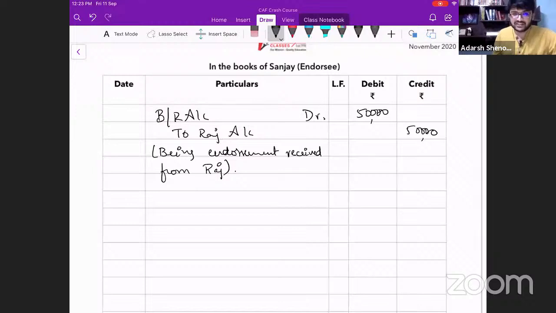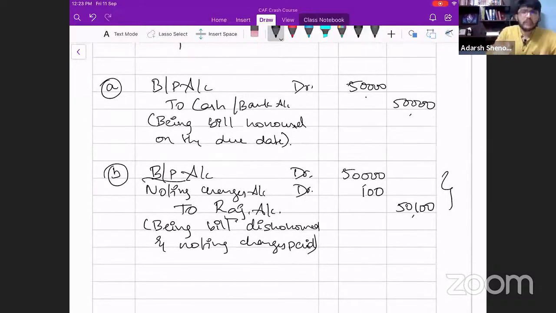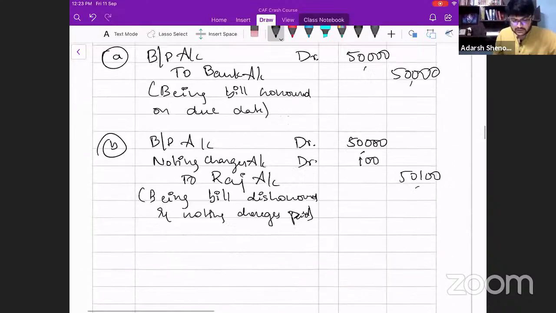So on the due date, remember, without fail, we have to credit that bill receivable account. Honored or dishonored, we have to credit bill receivable. In the books of the drawee, the person who had accepted that bill, honored or dishonored, we have to debit that bills payable account on the due date, on the maturity date. In every case, A and B, in the books of the drawee, you have always debited bills payable account.